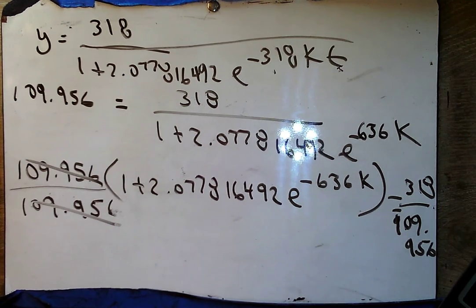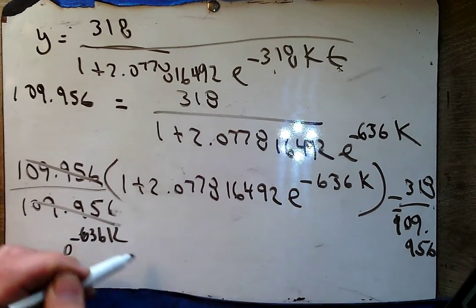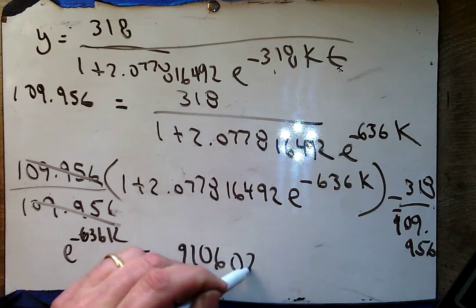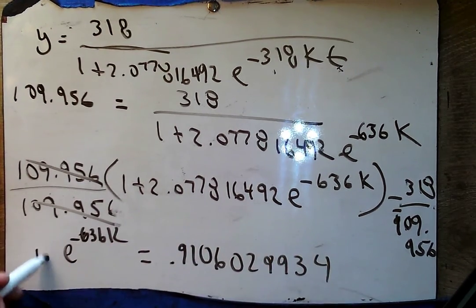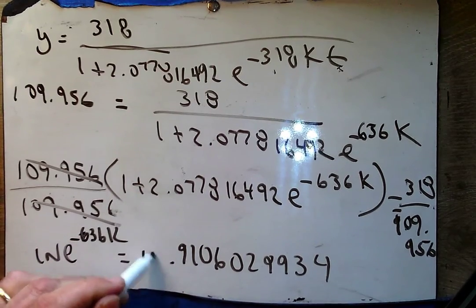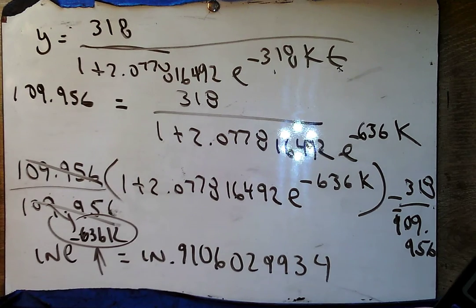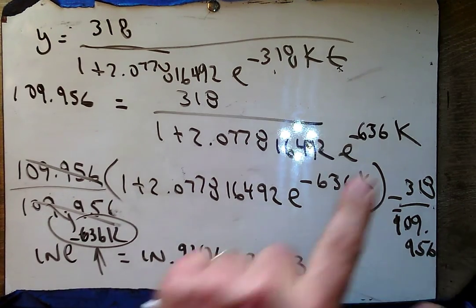And I'm going to get that e to the minus 636k equals 0.9126029934. So to get this down, I need to take the ln of both sides. And then I'm going to have to divide by that negative 636. So I want ln of the answer, divide that by negative 636. And finally, I have my k value.